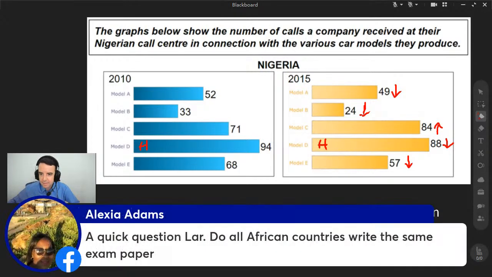Okay. Quick question, Lar. Do all African countries write the same exam paper? Yeah. But the answer is yes, but the question I have is, why are you asking that?